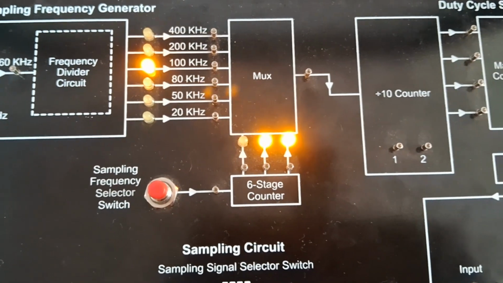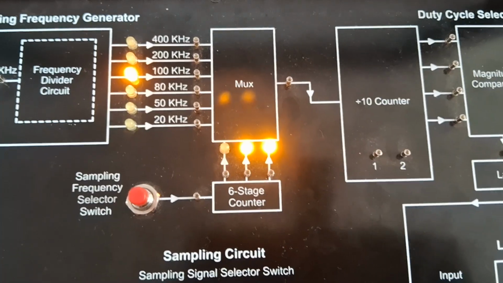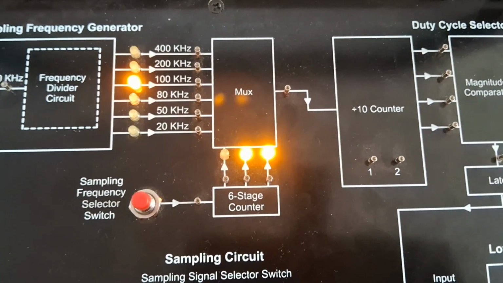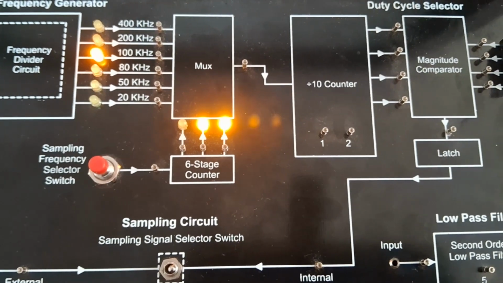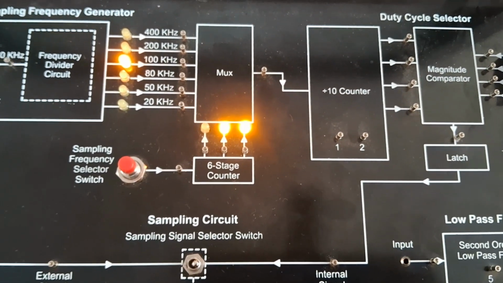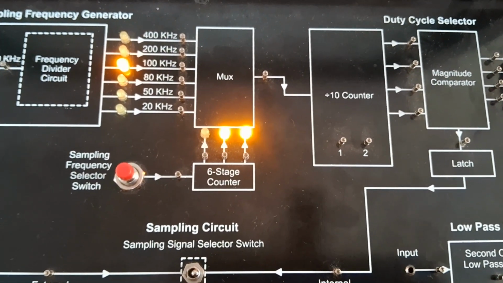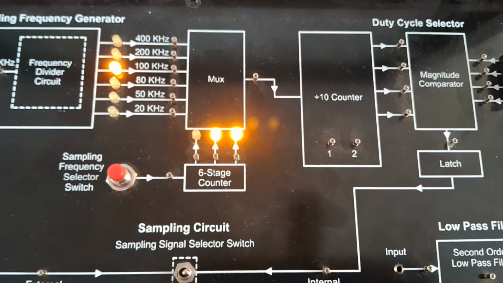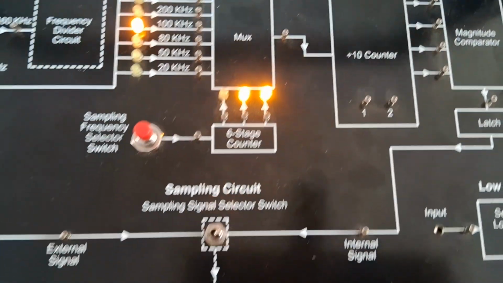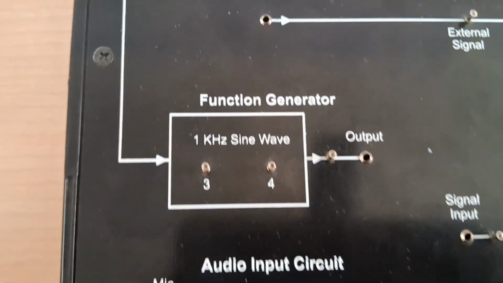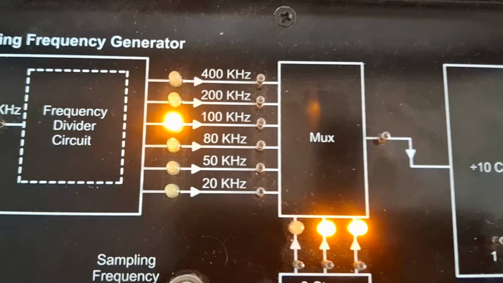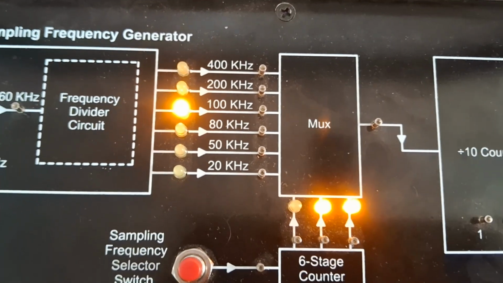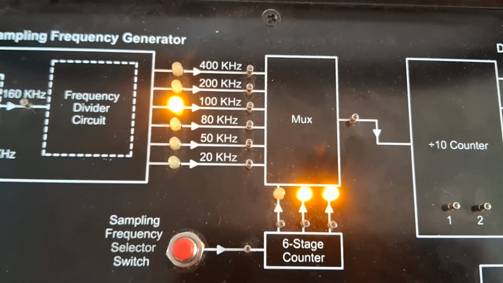The second rule for sampling is the Nyquist criterion, that fs should be greater than or equal to twice the signal frequency. Here our analog frequency is 1 kilohertz, and the carrier is very high, minimum 2 kilohertz and maximum 400. So here it obeys the Nyquist criterion.